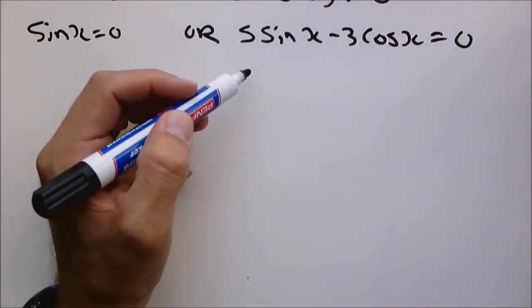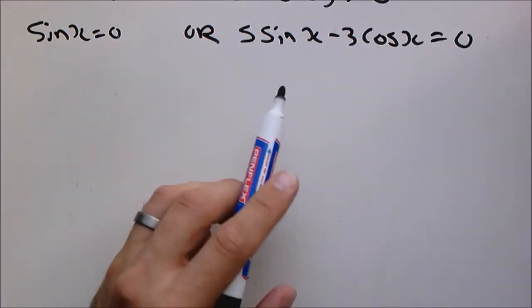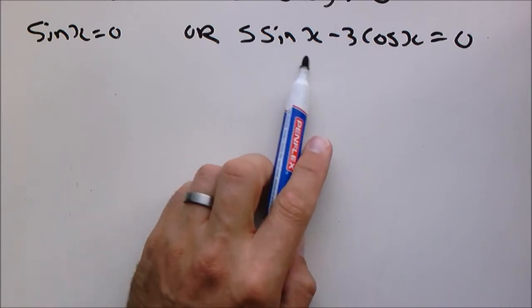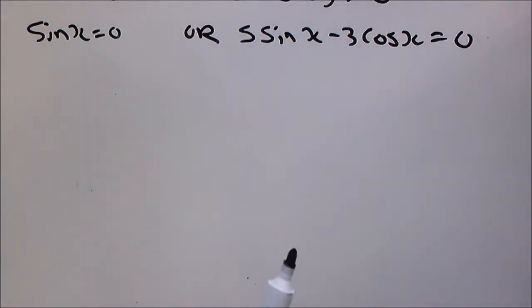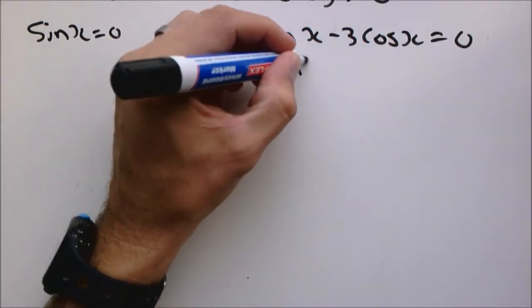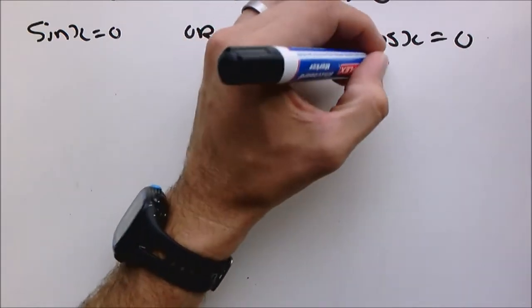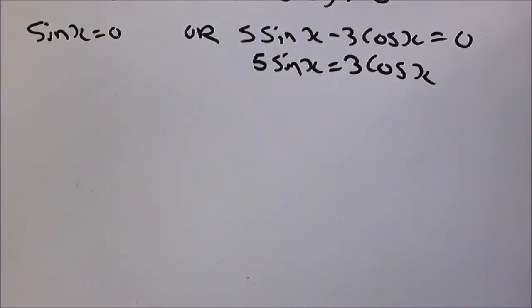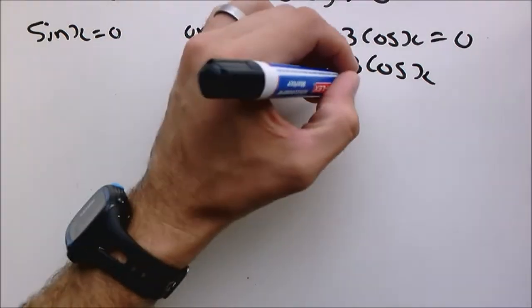Let's first simplify the right hand side, and you can see different functions, same angle. So then we work towards tan. So 5 sine x equals 3 cos x. Now we divide by 5 cos x on both sides.